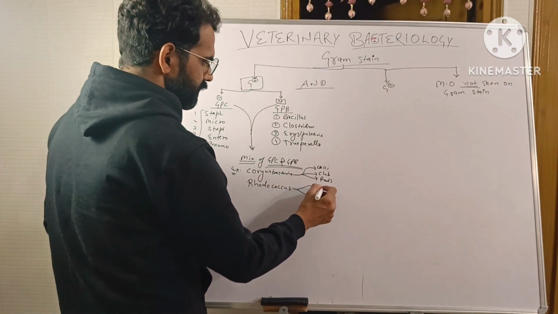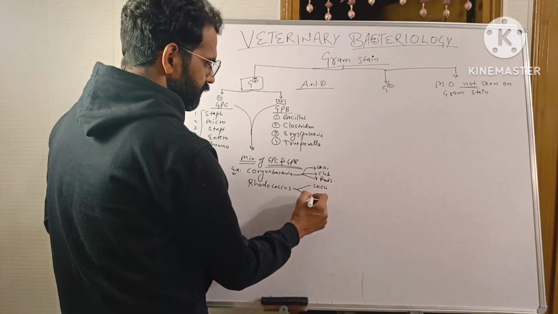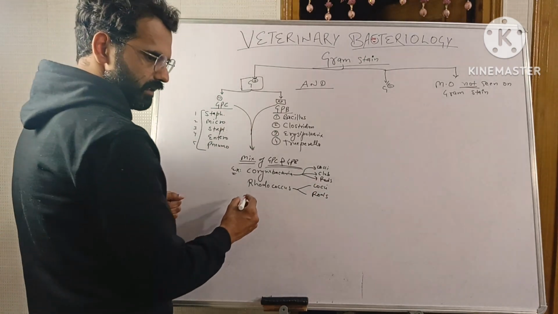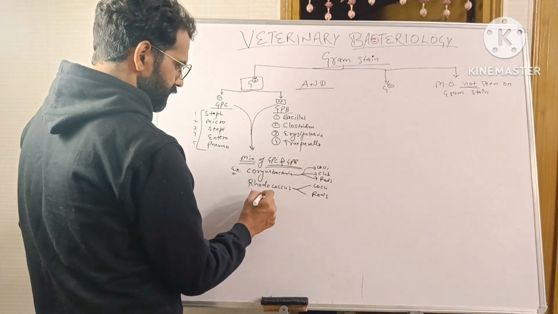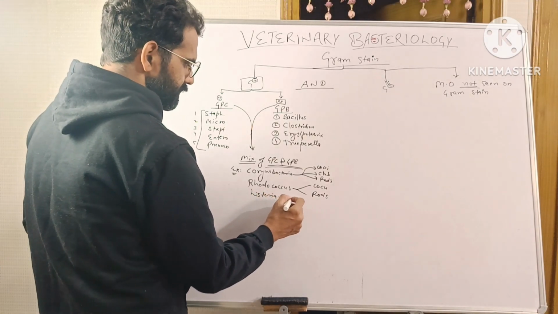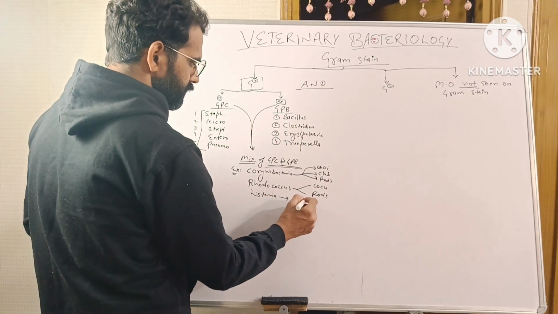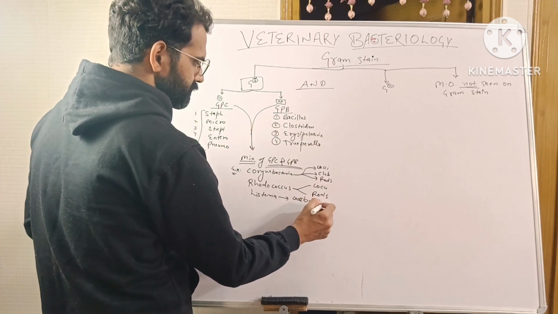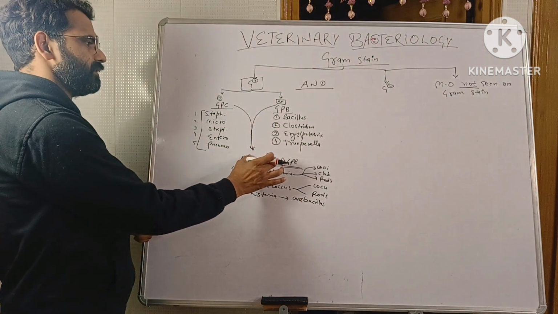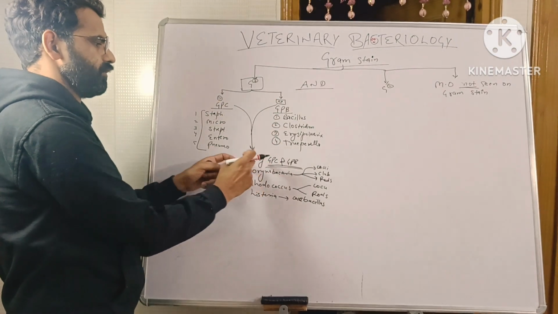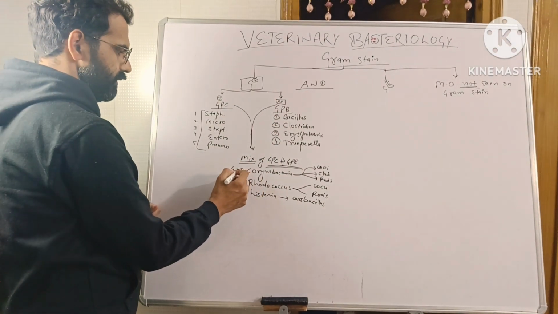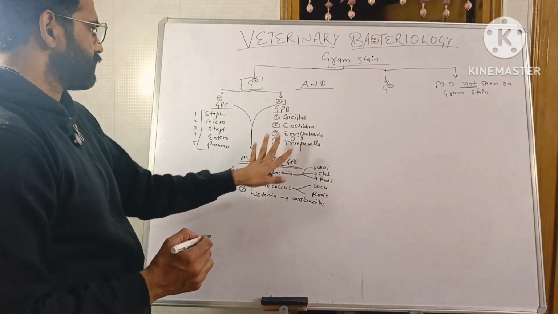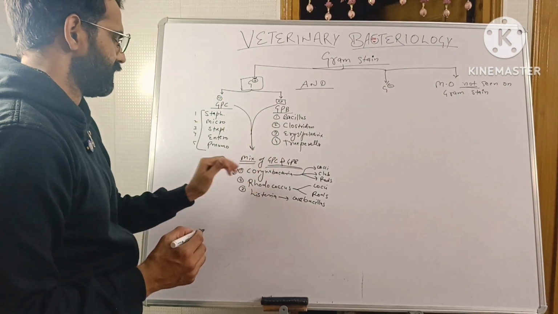Similarly, they have cocci form and some have rod form. And the last one is Listeria, that is a coccobacillus. So these are the mixture of the two forms, 1, 2, and 3. So these are gram positive bacteria.